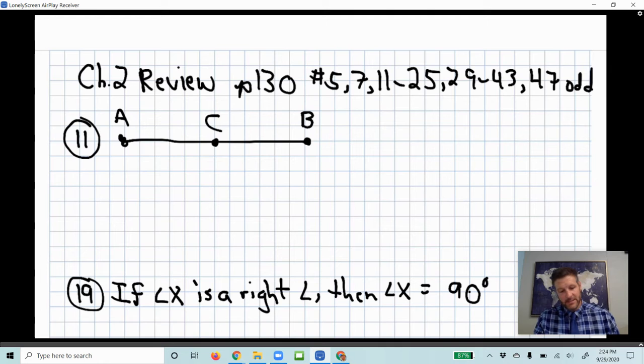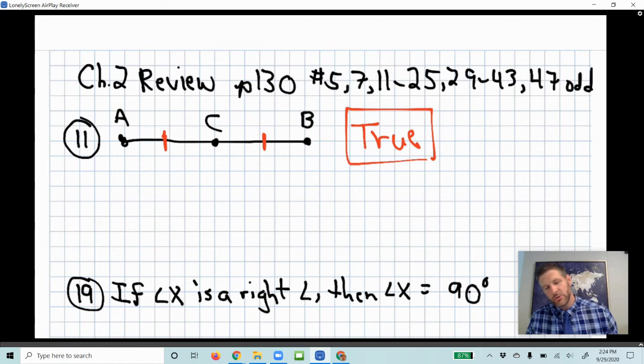It's telling us C is the midpoint, and so that always implies, by definition of a midpoint, that this segment is congruent to this segment. AC would be congruent to CB. That's the conclusion they have there, that if C is the midpoint, then the two segments AC and BC must be congruent. So that's the definition. There's no real counterexample here, so we're going to have to say true.